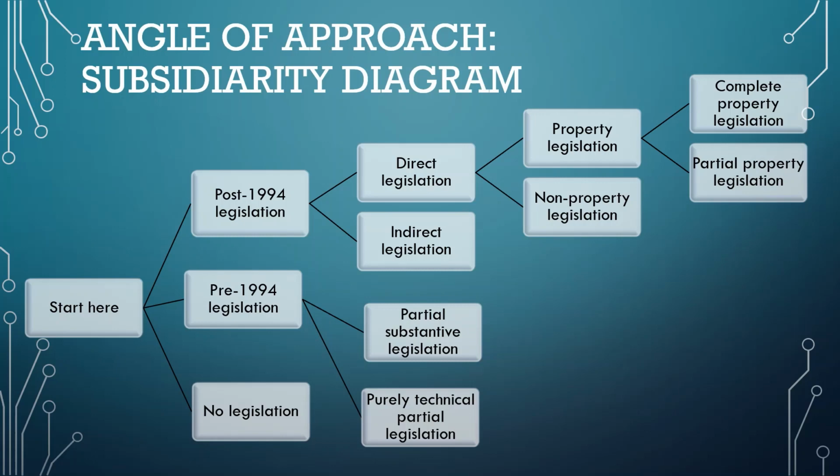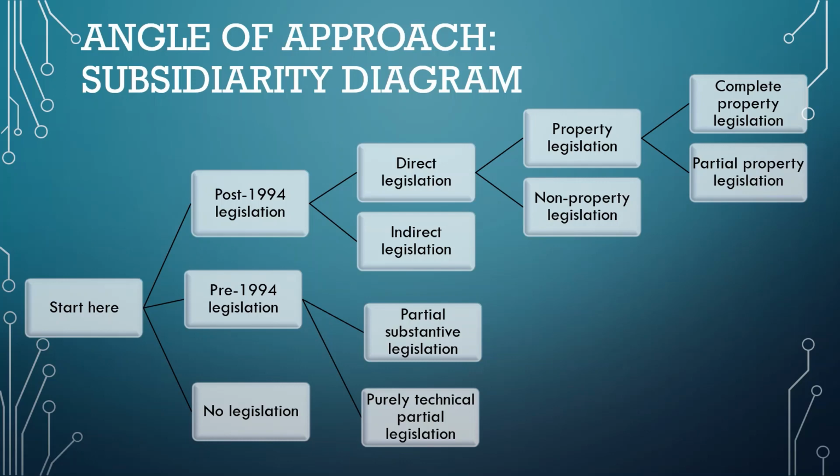Thus, we do not have complete property legislation, we rather have partial property legislation. So this means if we are dealing with property legislation, it will always be partial property legislation that we deal with.